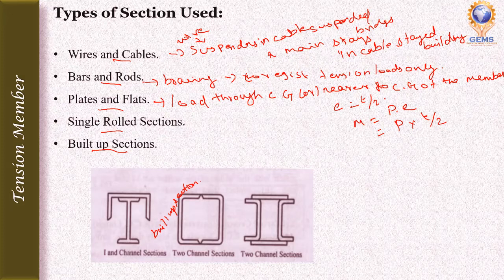Single rolled sections or double rolled sections, that is single or double angle sections, are used in light roof structures in industrial usage.